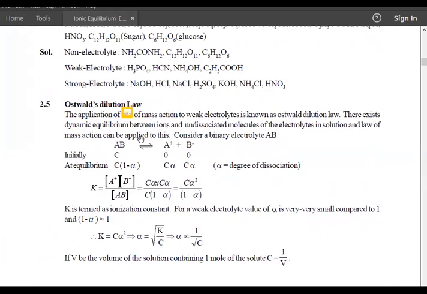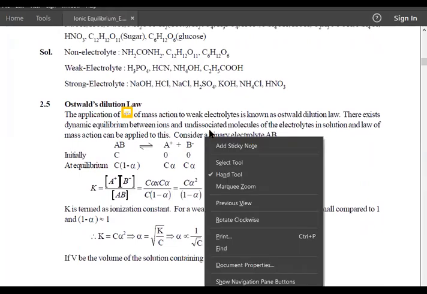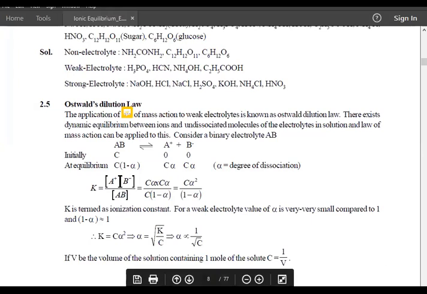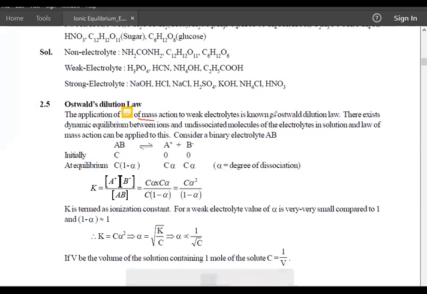The application of law of mass action, we studied law of mass action in which chapter? Last chapter, right? The application of law of mass action to weak electrolyte is called Ostwald Dilution Law. As simple as that. Right, everyone?